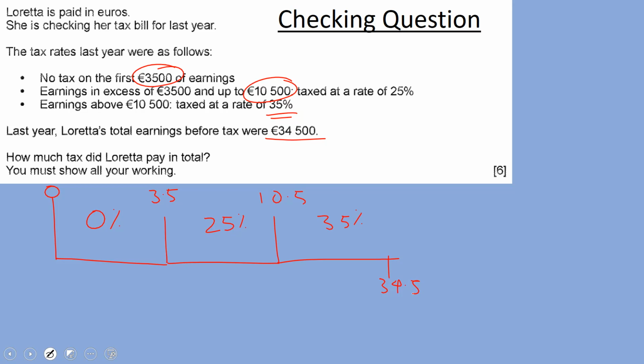So let's say she's about here, 34.5. So we're going to do the same thing. Ignore this section as it's tax-free.